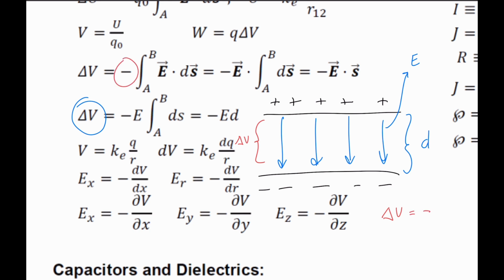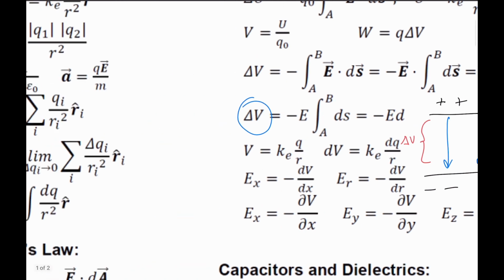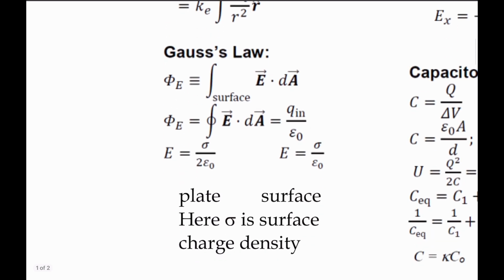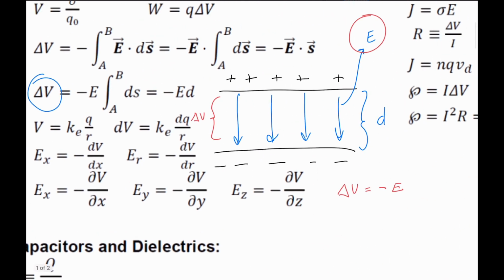The minus sign comes from the original equation. E is the electric field inside the plates. And remember, you can find that electric field using this. This literally tells you the electric field. It's already in the equation sheet. You just have to remember that it's talking about charged plates, okay? And then you multiply this by d, the distance between the charged plates.